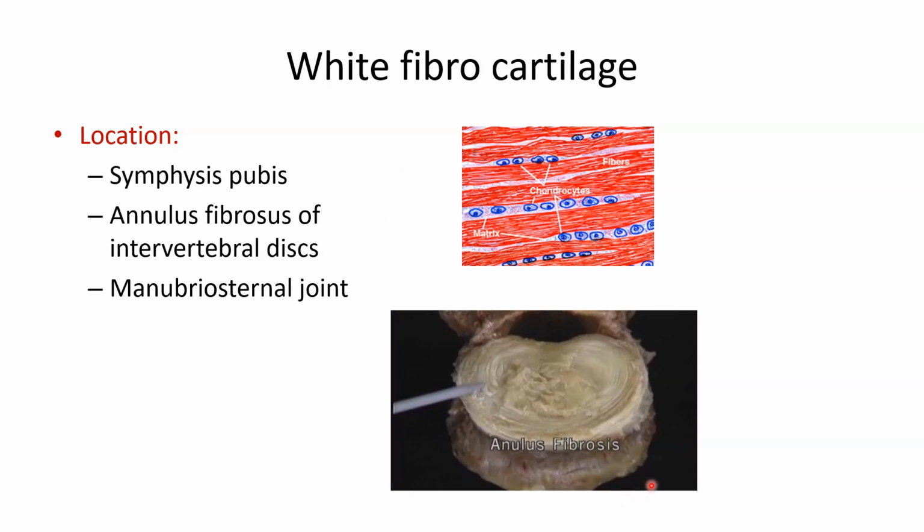In this picture, you are seeing the intervertebral disc between the bodies of the vertebra. This consists of the peripheral fibers known as the annulus fibrosus, which contains the collagen fibers. The central one which you are seeing is the nucleus pulposus. The other example for the white fibrocartilage is at the manubriosternal joint, that is the joint between the manubrium and body of the sternum.